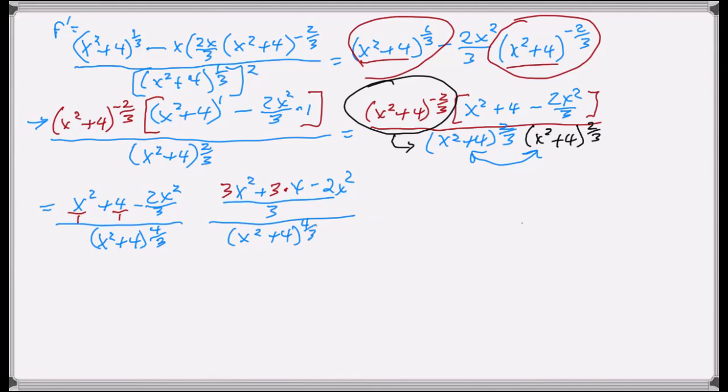So I start combining like terms, and I got 3x squared minus 2x squared is going to be x squared plus 12 over 3 over this.